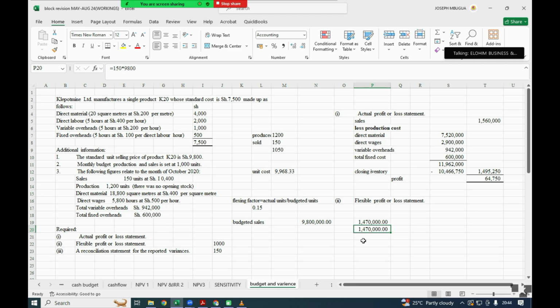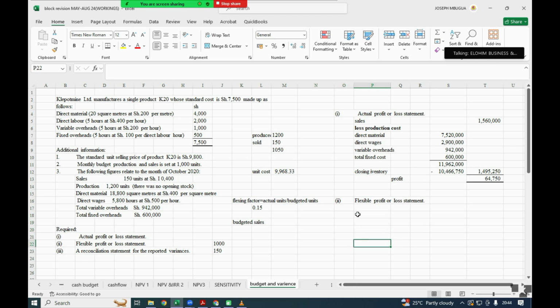So we are taking the actual units sold multiplied by the standard prices, and that's why we are getting the flexible. So flexible is just actual flexed using the budgeted units, actual in a standard proportion. That one will give you the budgeted. So instead of first preparing all this budget and then flexing it, you can go directly by preparing the actual in standard proportion, and that one still will amount to the flexible budget.